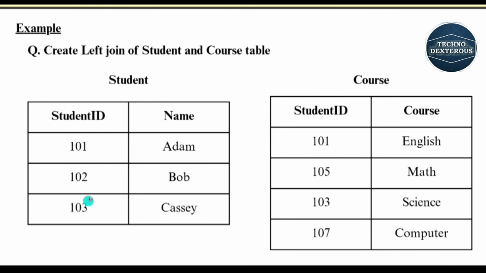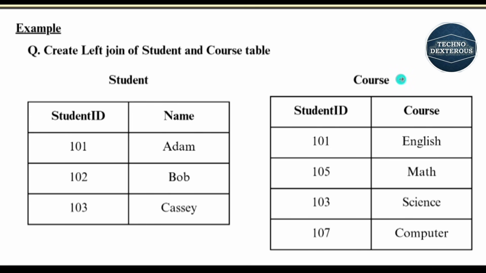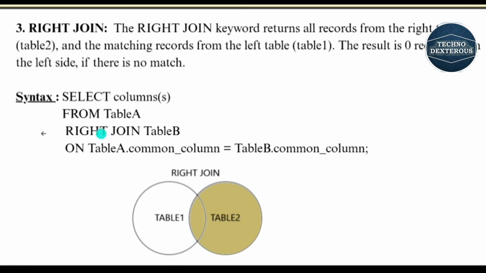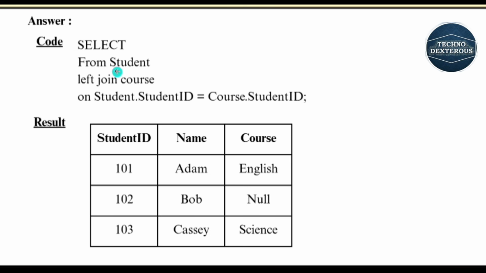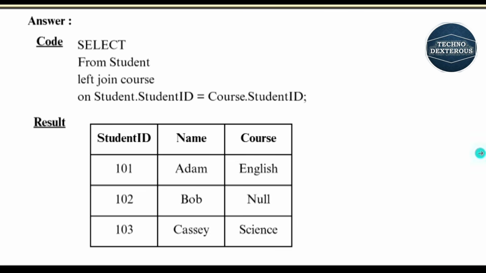Here the first table is student, and another is the course table. Here we see student ID and student names, and here we see student ID and course names. When we perform the left join operation on this, here is the code, and we get the whole left table directly. This is Adam, Bob, Casey.